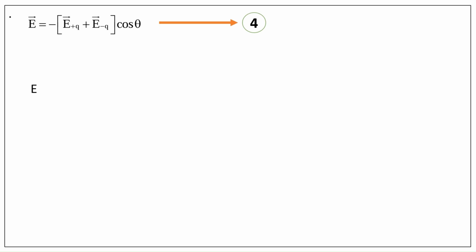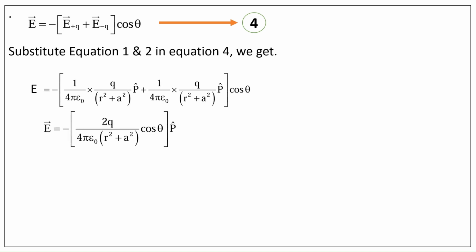Substitute equations 1 and 2 in equation 4. We get E is equal to minus into bracket 1 by 4 pi epsilon naught into Q by (R square plus a square) into P cap plus 1 by 4 pi epsilon naught into Q by (R square plus a square) into P cap, into cos theta.